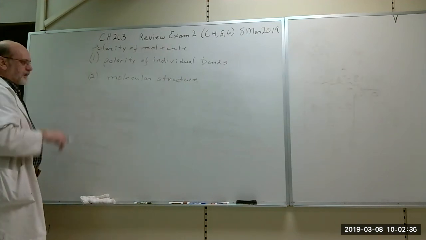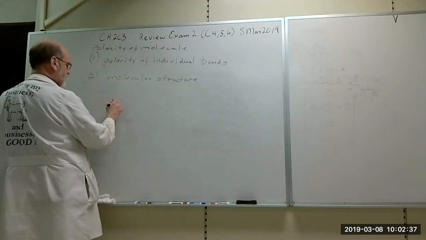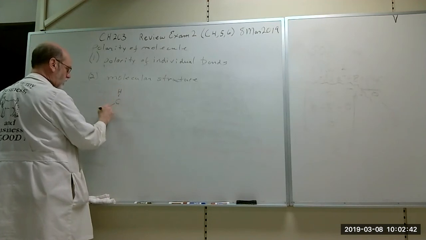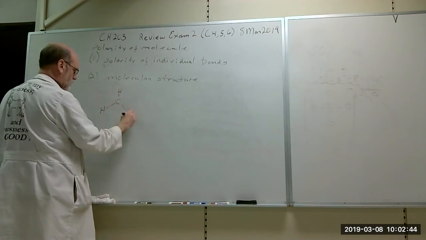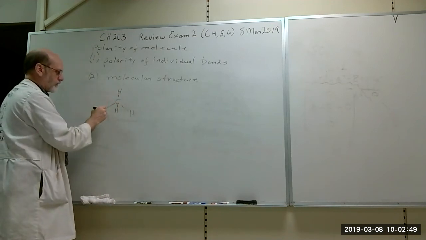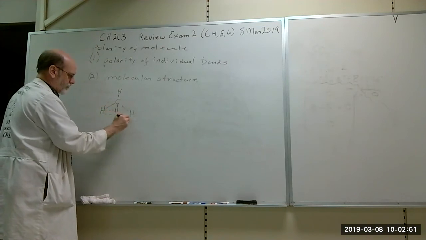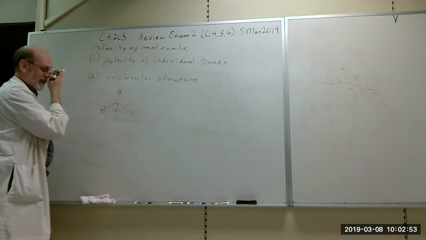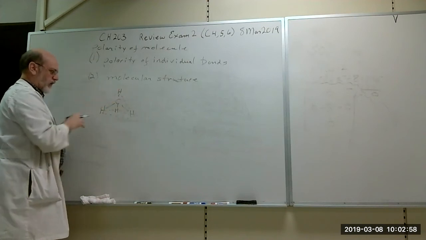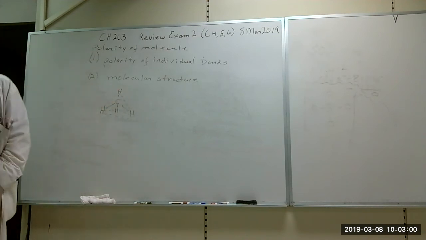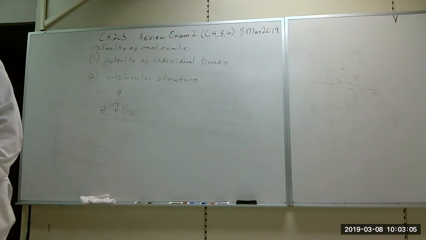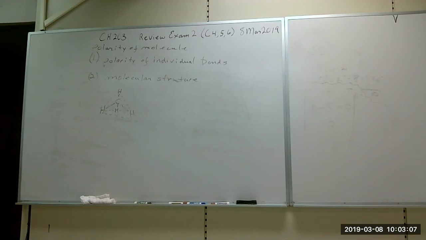So if we have, say, let's go back to methane. If we have methane, it's going to be with 4, it's going to be tetrahedral in structure, and these are all regular arrangements. Now, the polarity of the bond between carbon and hydrogen, it's not that polar, I don't think.